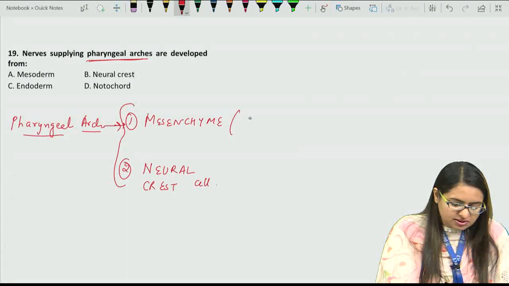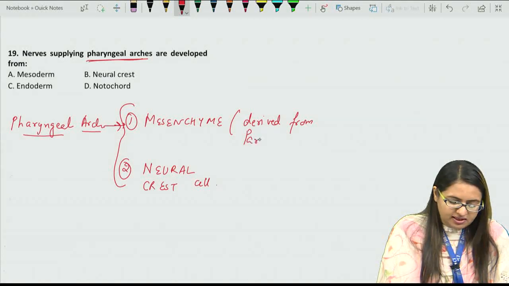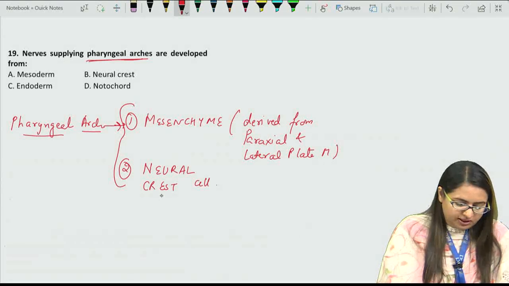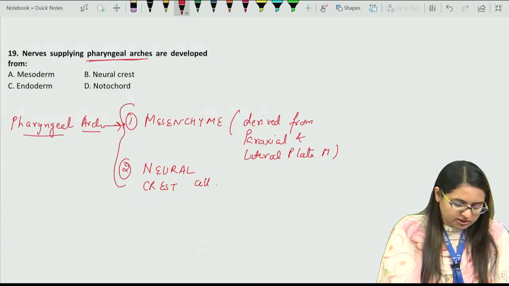This mesenchyme is derived from the paraxial as well as the lateral plate mesoderm. And the neural crest cells are derived from the neuroectoderm.